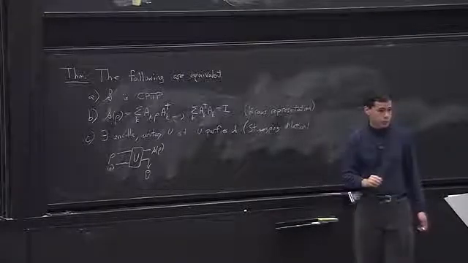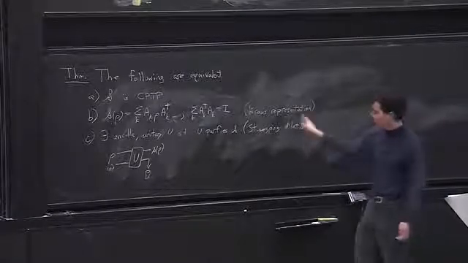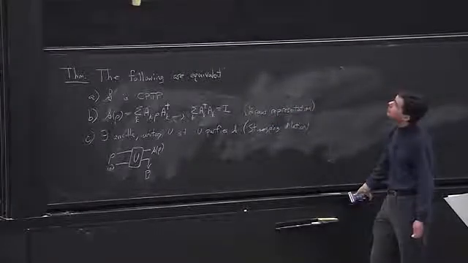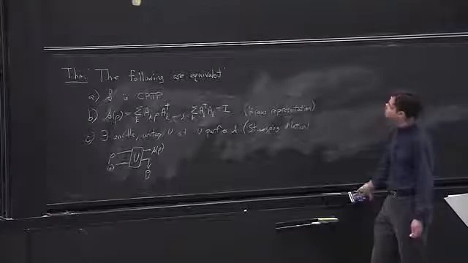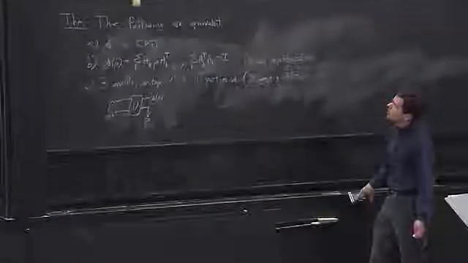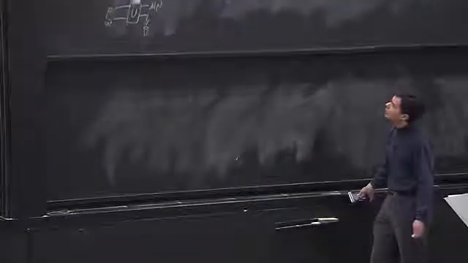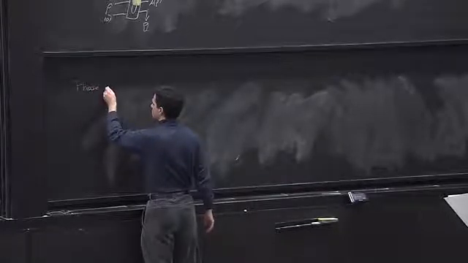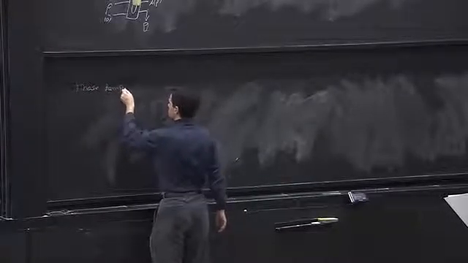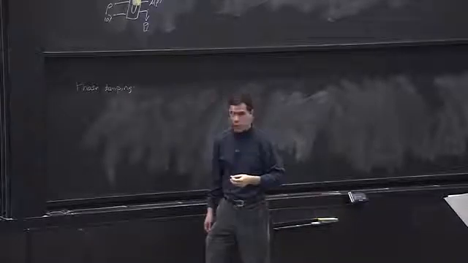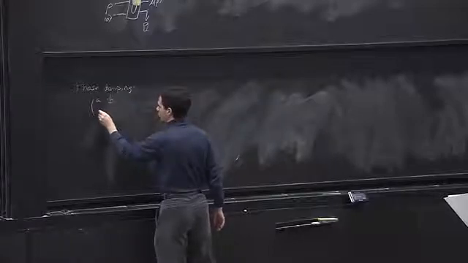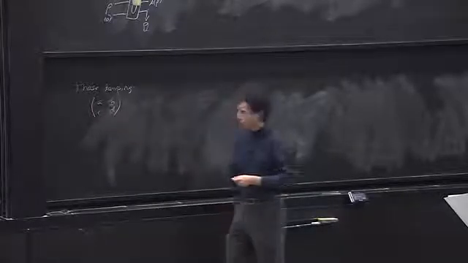Okay, let me very quickly do a simple example of CPTP maps so you can see some of these things at work. And then that will be it for today. The example is phase damping. Suppose you have a single qubit, and you write the density matrix as (A B; C D).